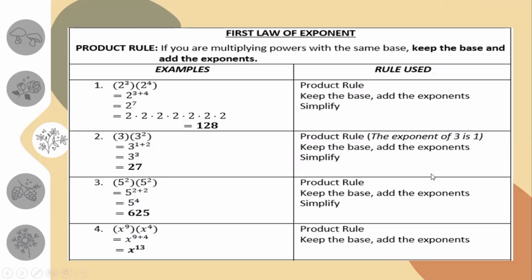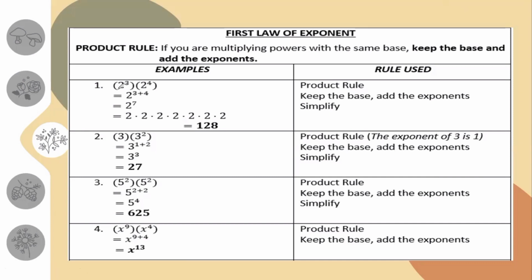Okay, first law, we have the product rule. If you are multiplying powers with the same base, keep the base and add the exponents. So, I hope naintindihan kung anong sinasabi nito. Okay, ang sinasabi dyan, kapag same daw ang base, we just need to add the exponents.